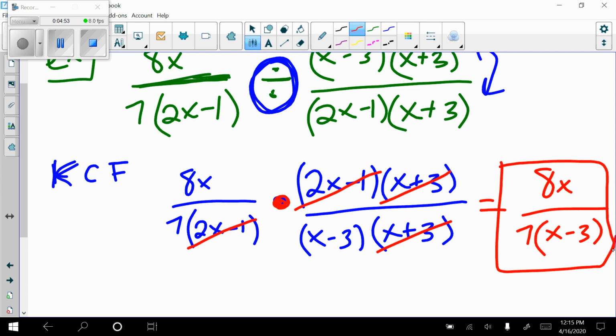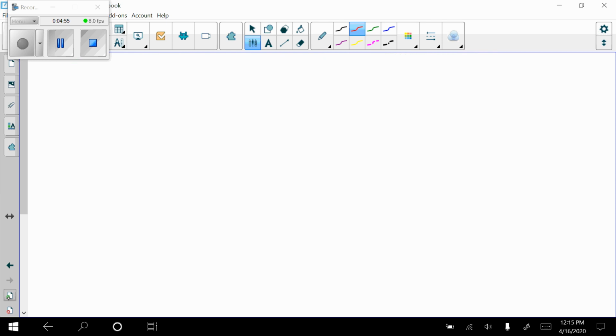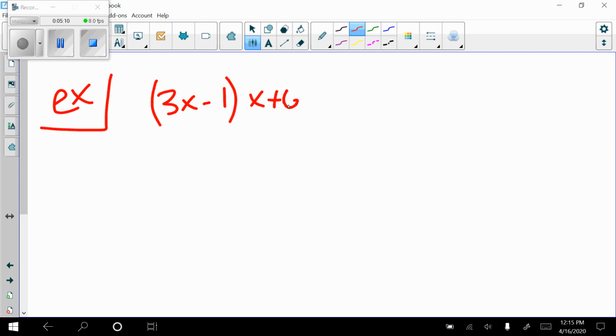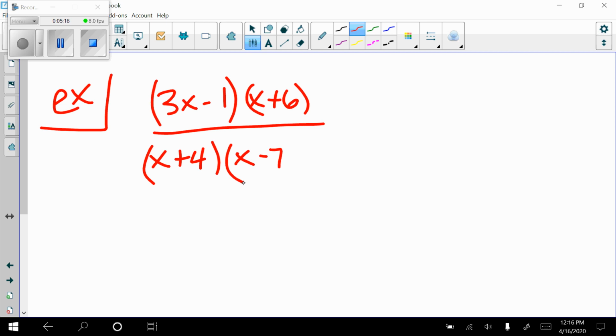Let's do a couple more, doing the same thing. So for this next example, this one's going to look a little bit different. It'll be 3x minus 1 and x plus 6 on top. At the bottom, x plus 4 with x minus 7.